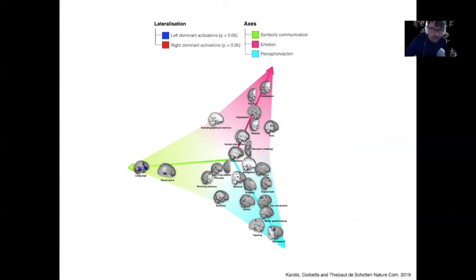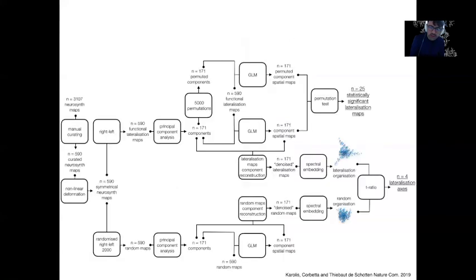You have functions that co-lateralize in the same hemisphere for language and visual form and all these symbolic communications. Other functions that co-lateralize and are very similar to each other for the manipulation of emotion in pink, and other functions that have the same pattern of lateralization and are similar to each other for everything that is related to the perception and action. And so that gives us this beautiful triangle.